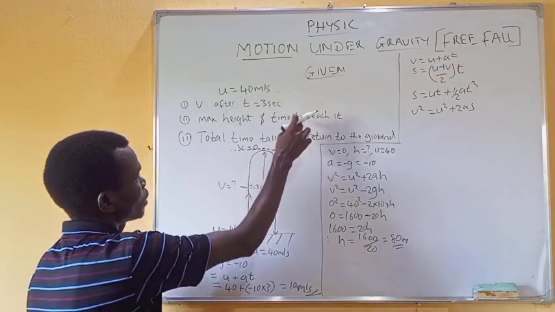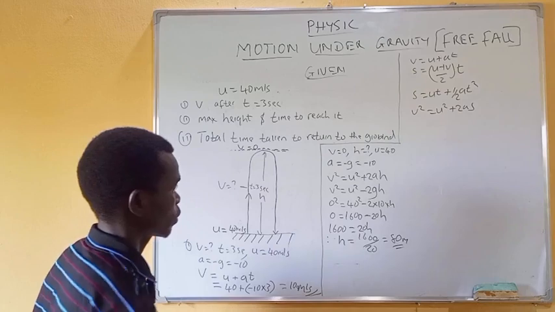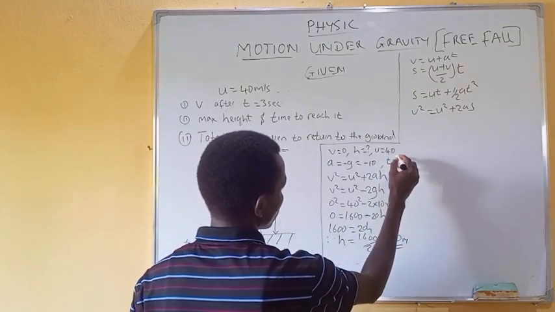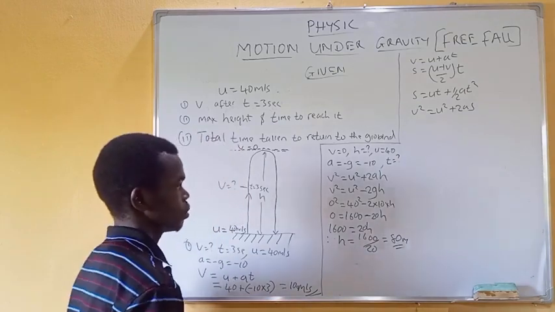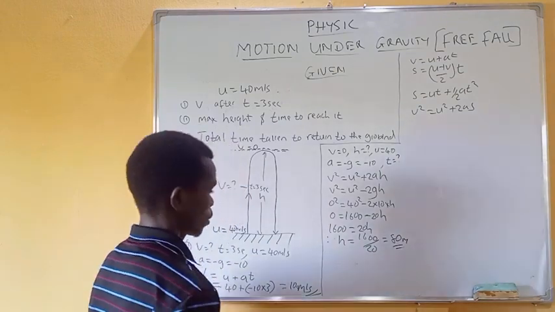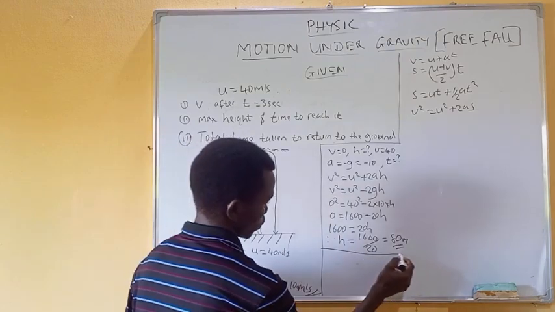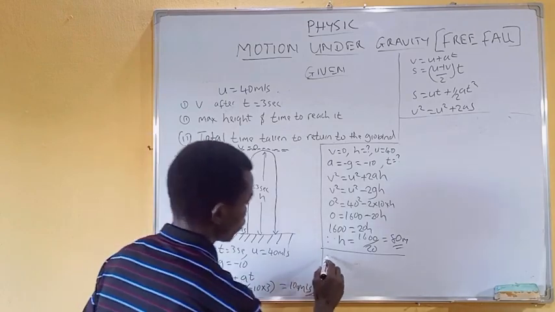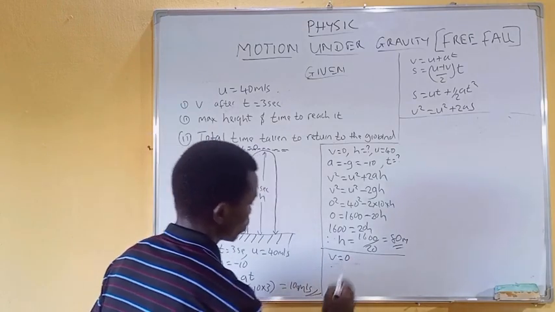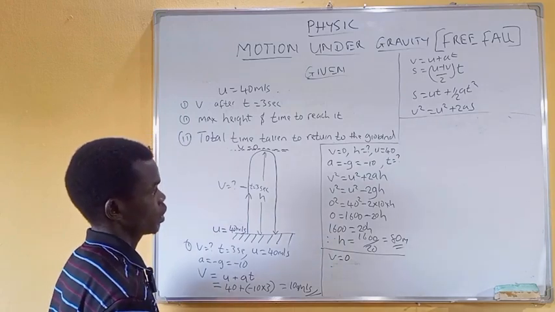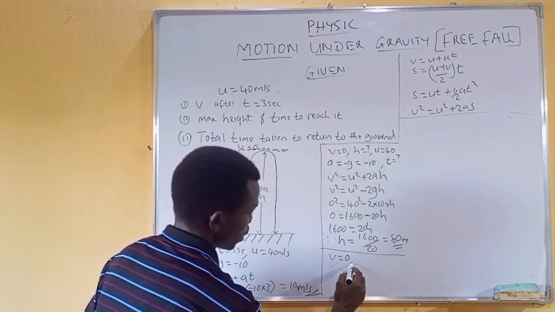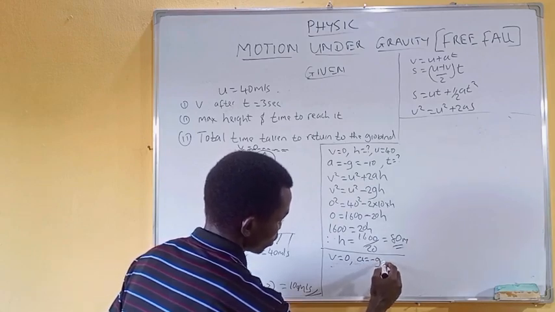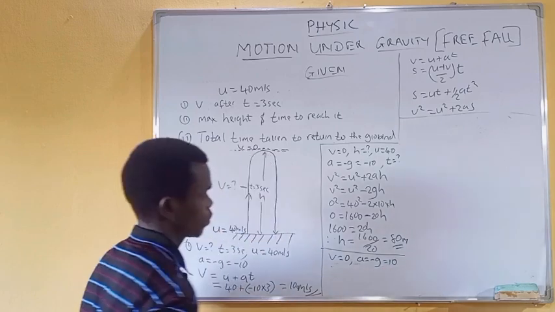And we are asked to find the time to reach it. So we are also asked to find the time to reach the maximum height. We know that the final velocity is equal to 0 and acceleration is equal to negative g, which is 10.